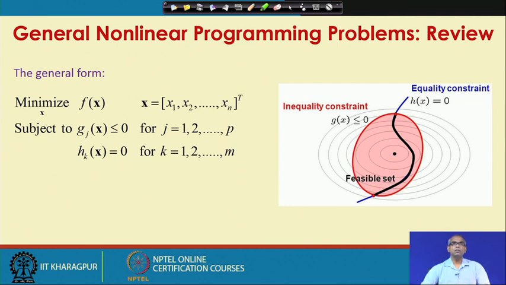So, this is the form of the nonlinear programming problems or general problems with both equality and inequality constraints we are considering. So, we are considering minimization of an n variable function subject to p inequality constraints which are of less or equal to type and m equality constraints.